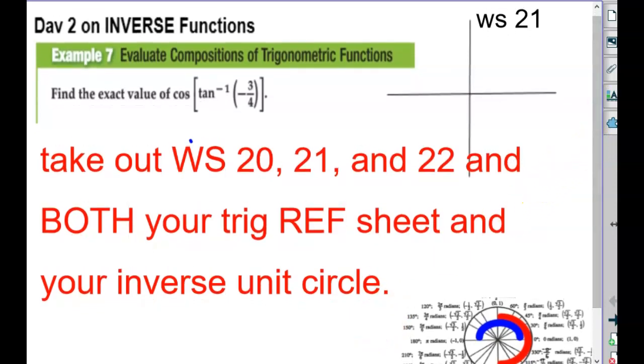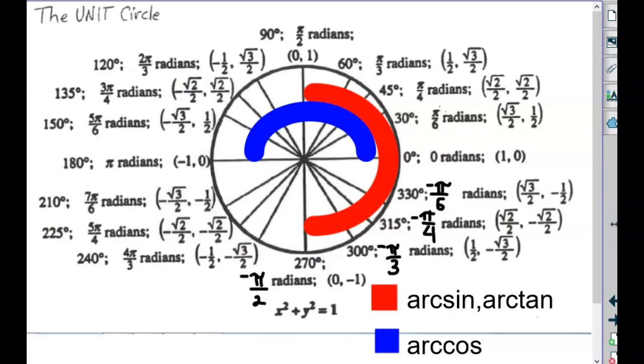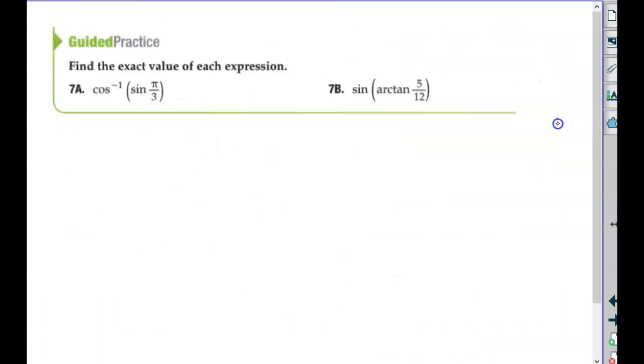When we did tangent, we said the tangent is undefined here. The tangent here was square root of 3 over 1, or square root of 3. Tangent here, put this over this is 1. This was 1 over square root of 3, which is square root of 3 over 3. This is 0 over 1. And then these are the negatives of those same values. So there's no 3/4 anywhere on here for tangent.